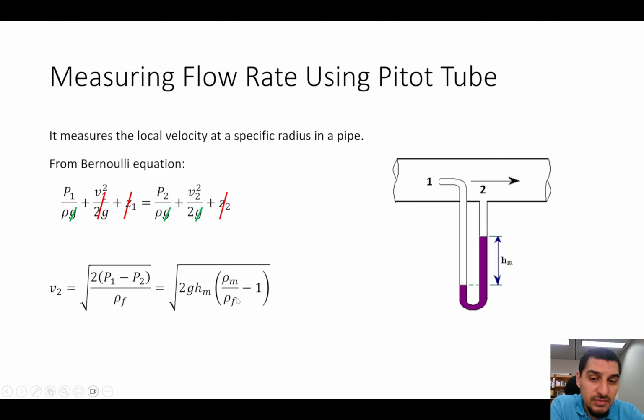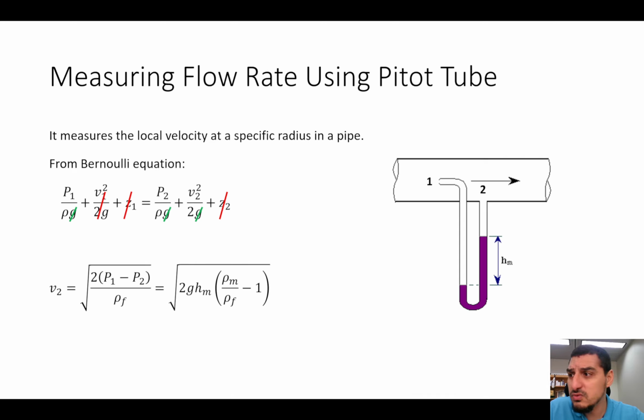If we know the density of the fluid and the density of the manometer, we can substitute with them to find delta p, like the example we solved last time. So simply this equation can be used to calculate the velocity with the knowledge of delta p, or the densities of the fluids and the height of the manometer fluid.